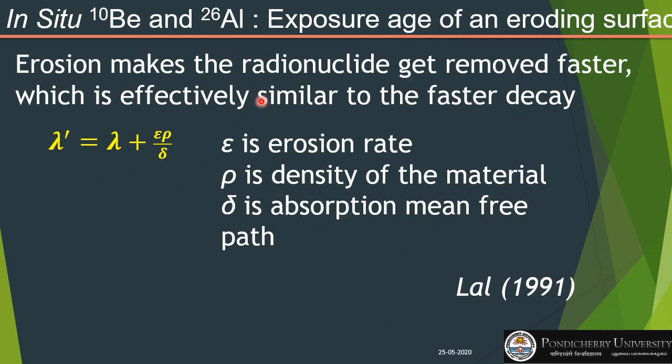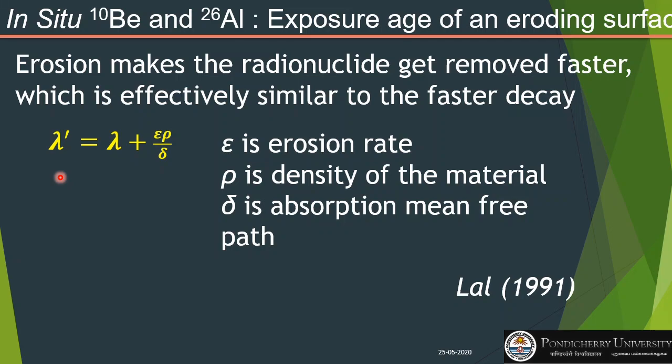So then this equation was modified in such a way as to account for this erosion. For that, Professor Lal and other workers in this field have suggested that to account for the erosion, you have to modify your decay constant, because the effect of erosion is removal of the cosmogenic nuclides, and cosmogenic nuclides are also removed by decay.